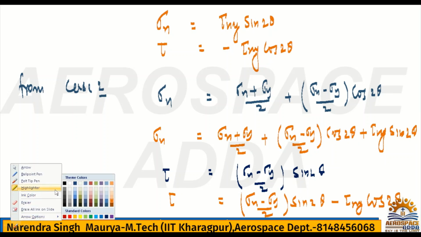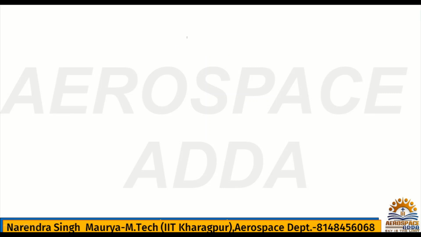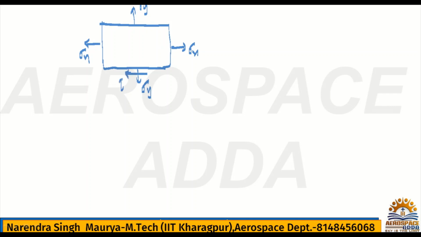So ultimately, hope you understood. From case 2 we had taken only sigma x and sigma y, right? And case 3 we had taken tau xy only on xy plane, and then we combined. So ultimately, what is the full problem you got? Suppose this is the 2D body, xy plane, this is sigma y, this is sigma x, and here tau xy is acting like this.